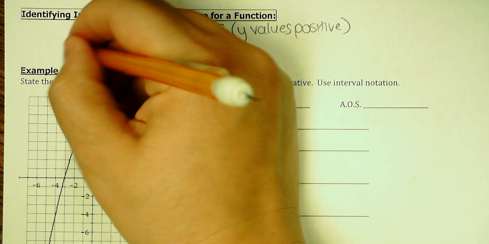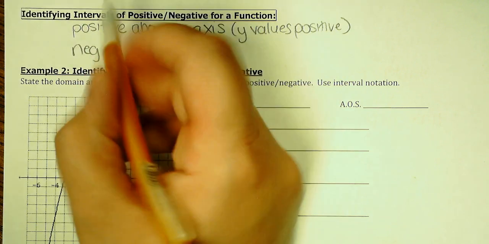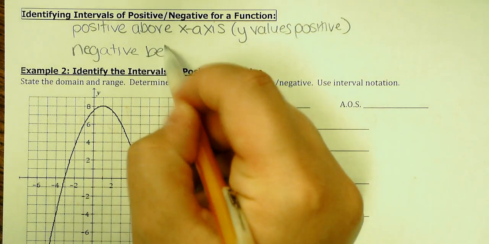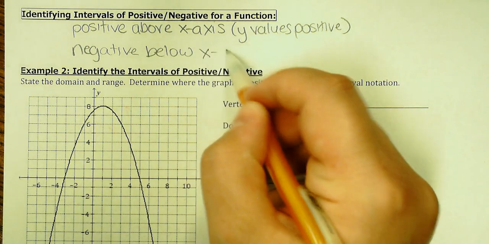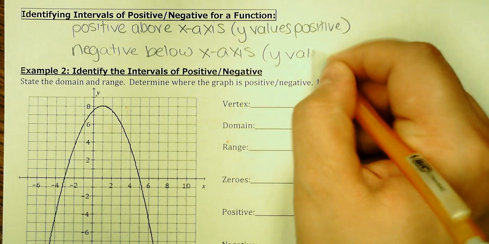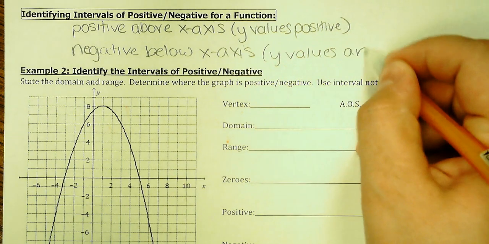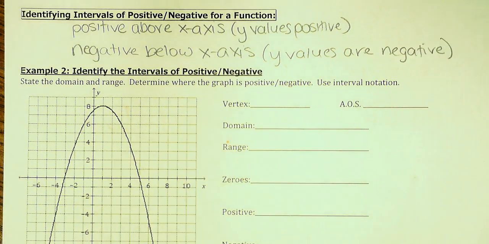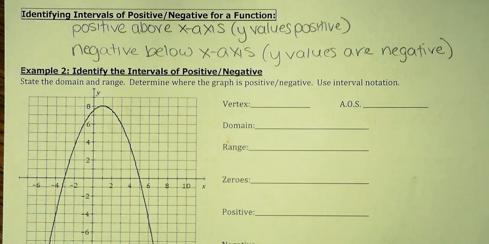And then you are negative below the x-axis. This is wherever your y values are negative. And again, just like the last one, when we write the intervals here, they're going to be based on x values. They're never based on y values.